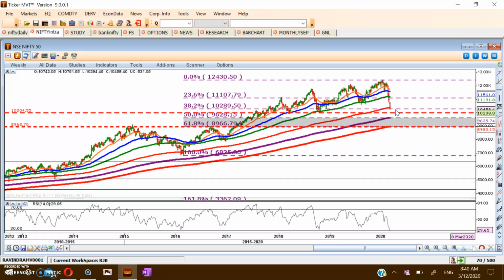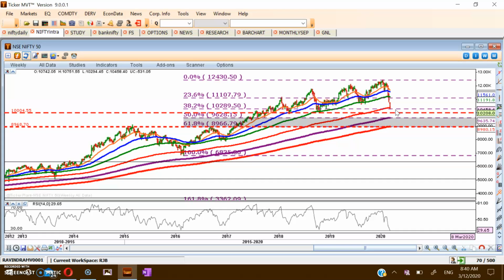So at this moment we will say that for bulls the opportunity will take time, and this is a time when we should wait out of this market and let the market start creating a base. Then we will start gradual investment. As far as traders are concerned, yes, indeed traders will get opportunities, but it will be very difficult.